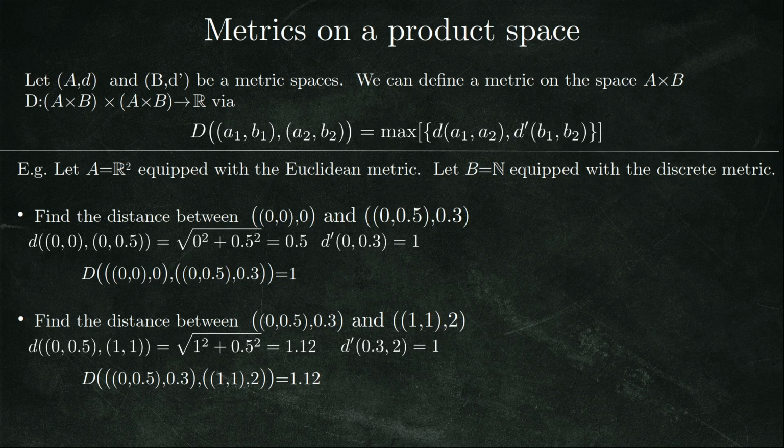And note that both for product spaces and subspaces, these induced metrics are not the only type of metric you can define, but it's one that you can always define if you don't know what else to do. There are often other possibilities, but this one always works.